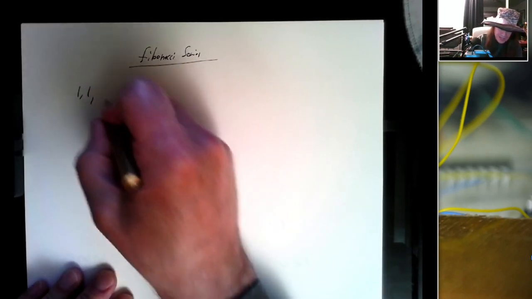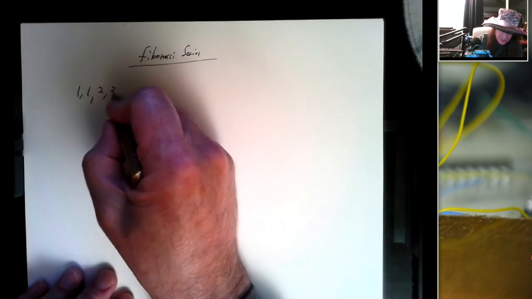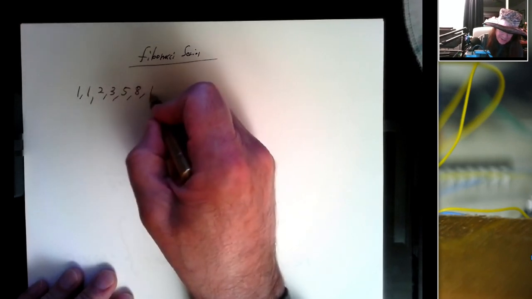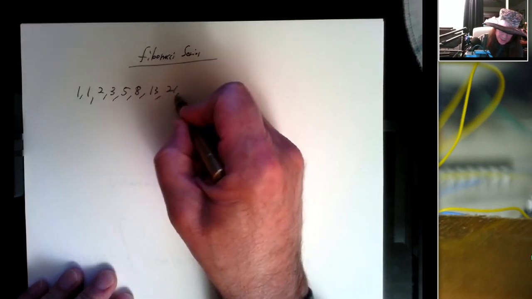And it's one of the simplest things in the world to describe. Just start with a pair of numbers 1 and 1, and add those two numbers together to get 2. Now add 1 and 2 to get 3. Add 2 and 3 to get 5. 3 and 5 is 8. 5 and 8 is 13. 8 and 13 is 21, and so on. So it's a sequence of numbers. It goes on forever.